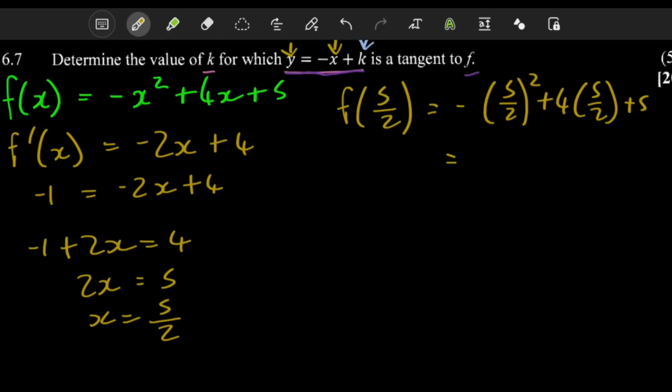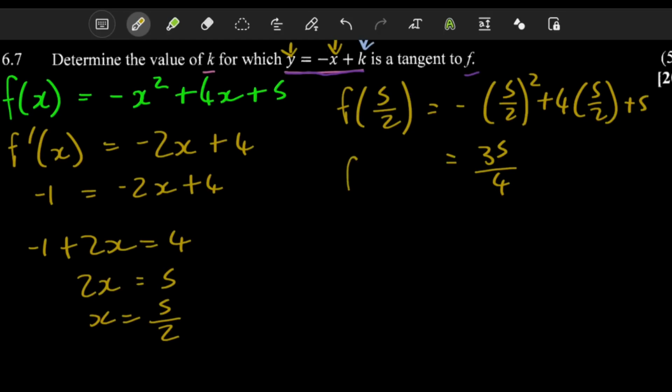Negative 5/2 squared, plus 4 times 5/2, plus 5. This gives you 35/4. 35/4 is the y value. This is kind of accurate because 35/4 is just below 9.